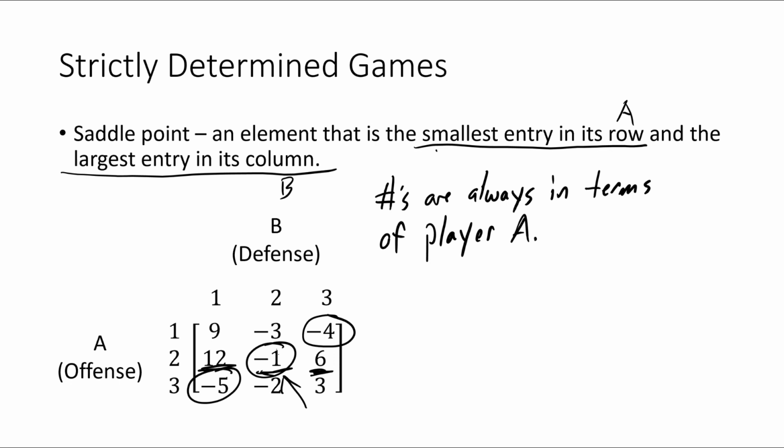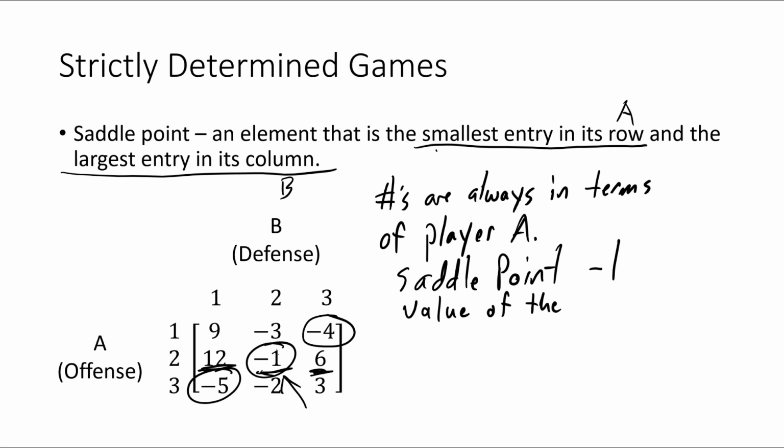And so that is our saddle point. So our saddle point is -1. We also call that the value of the game. So both of those are -1, the saddle point and the value of the game.